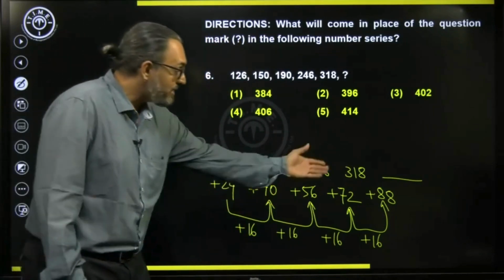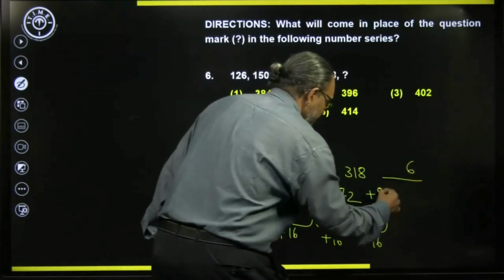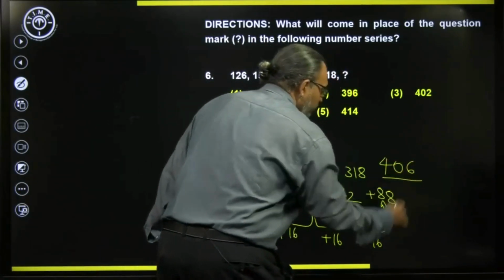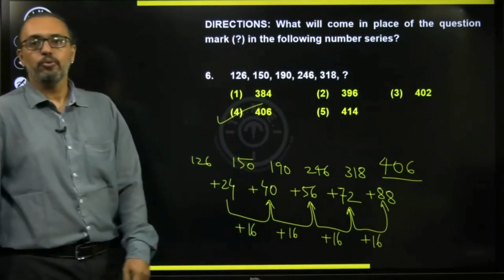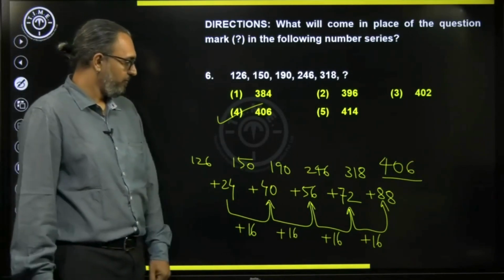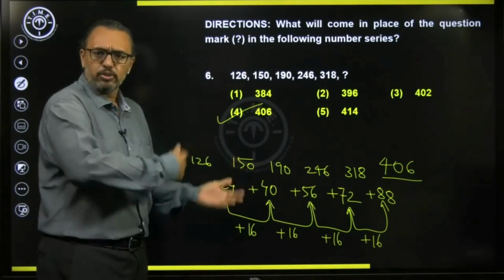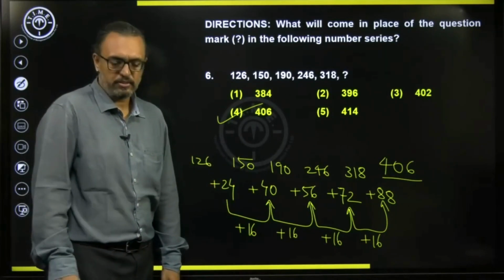So I have to add 88 to 318. So we will get 406 and that's available in choice 4. Got it? Yes. Always observe the numbers, you will know how to approach based on the given numbers in the sequence.